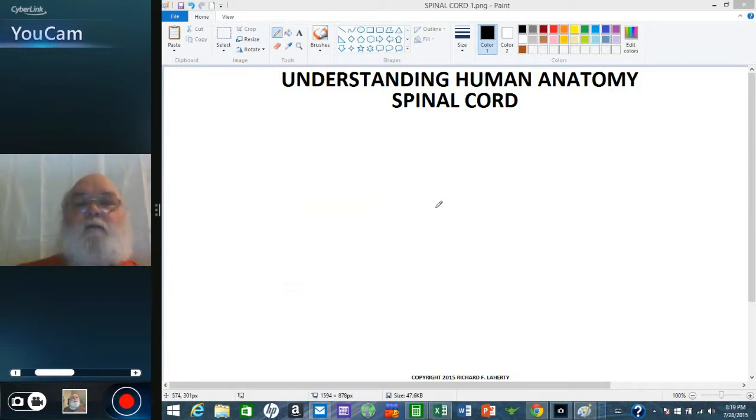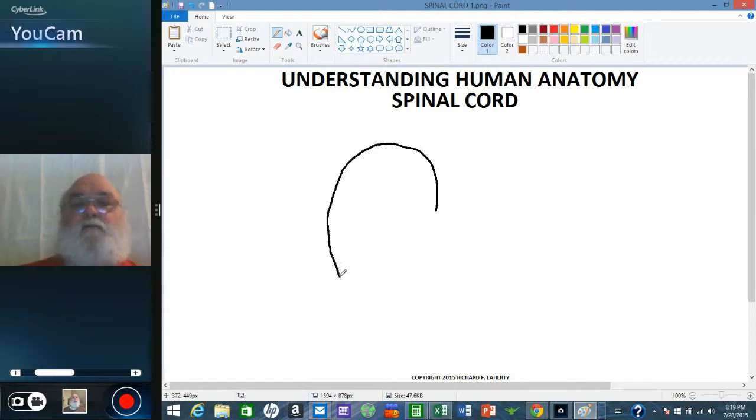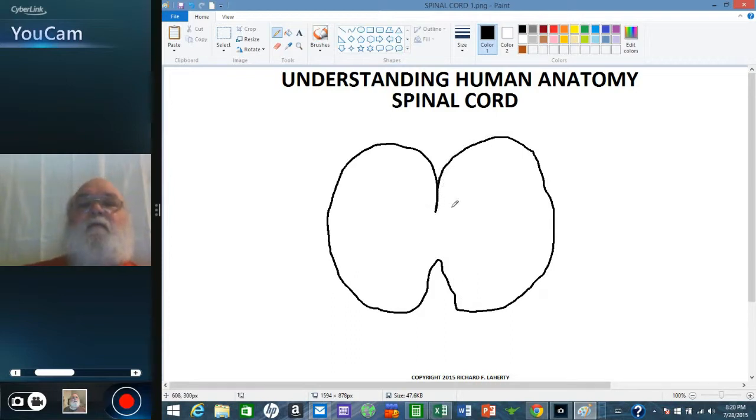I want to start by drawing a cross-section of the spinal cord. So bear with me for a second here while I get the outline of the cord drawn. That's the basic outline.